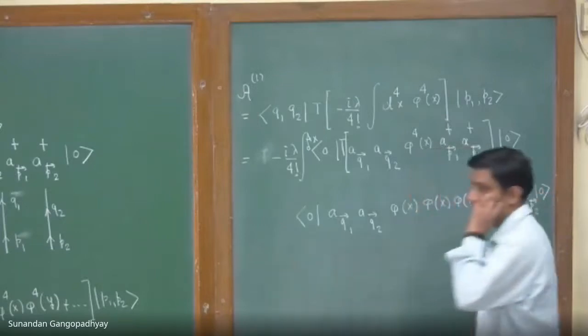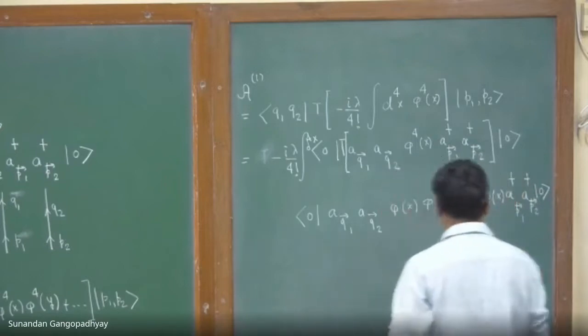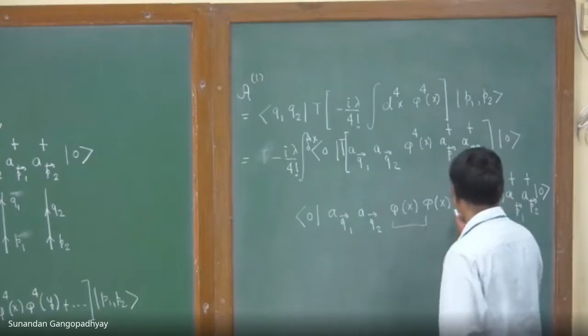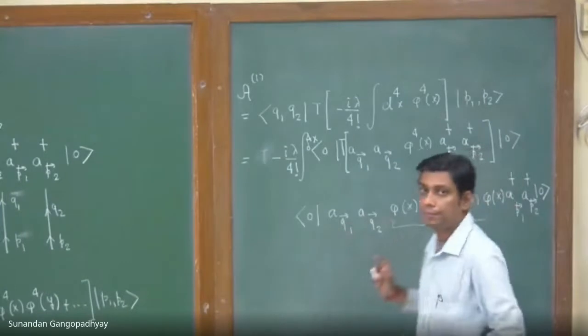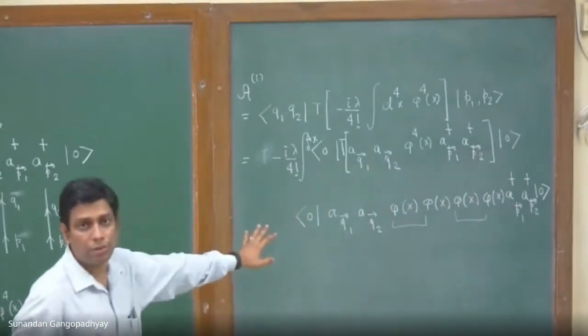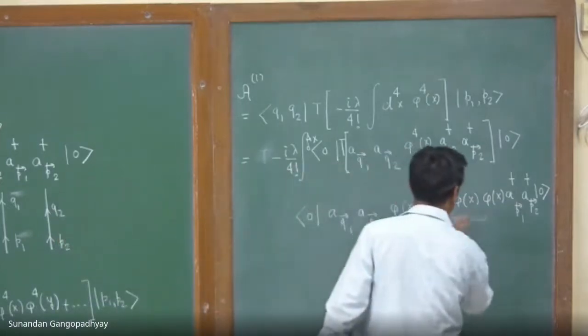There is a time ordering here. Therefore, you will get contractions, and there will be contractions of this form, this with this, and this contracting with this, and this contracting with this. Okay? So that will not give rise to an interesting process. The interesting process will come out from here.